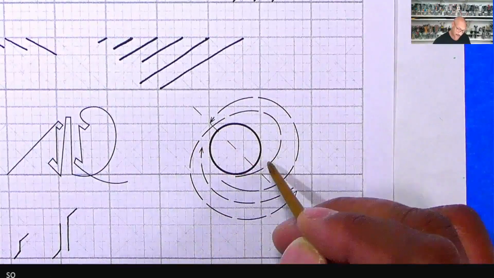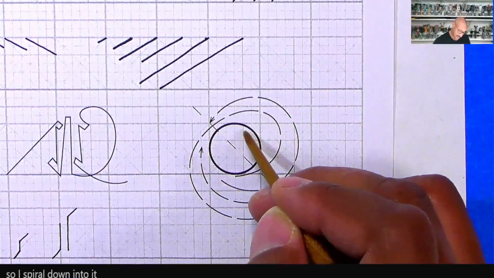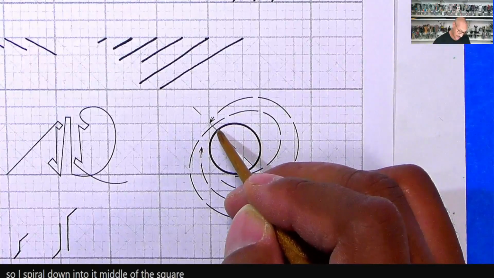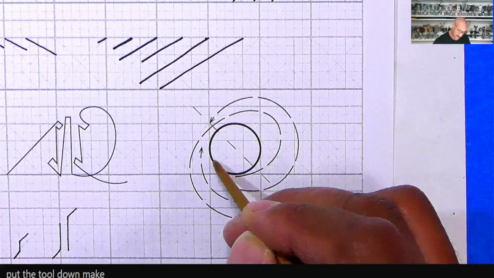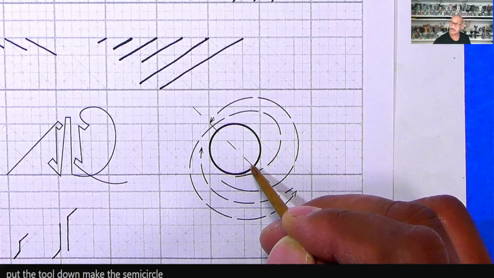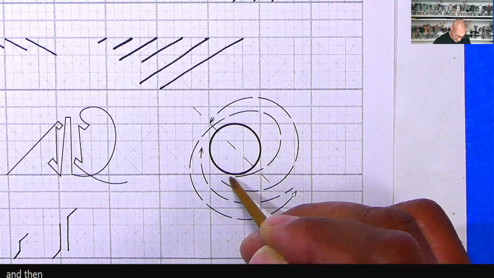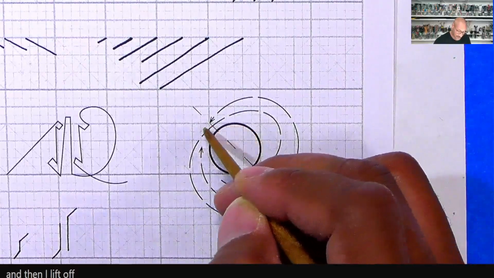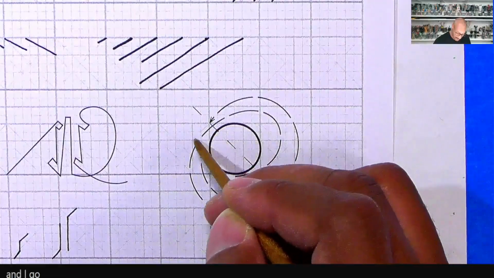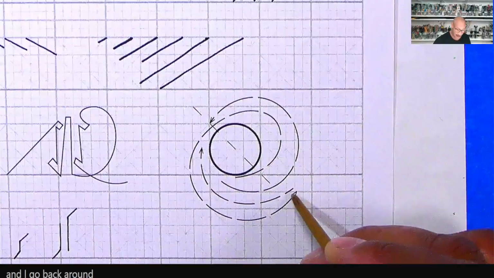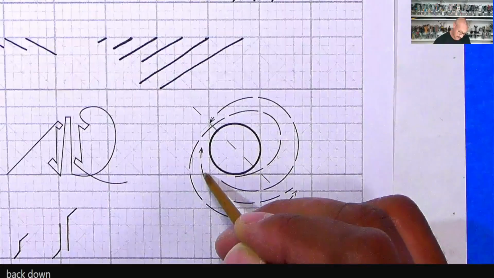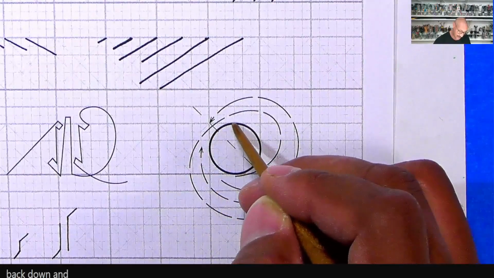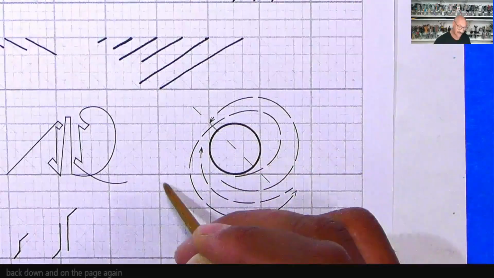So I spiral down into it, middle of the square, touch the page, put the tool down, make the semicircle, and then I lift off and I go back around, up, back down, and on the page again. And I leave.